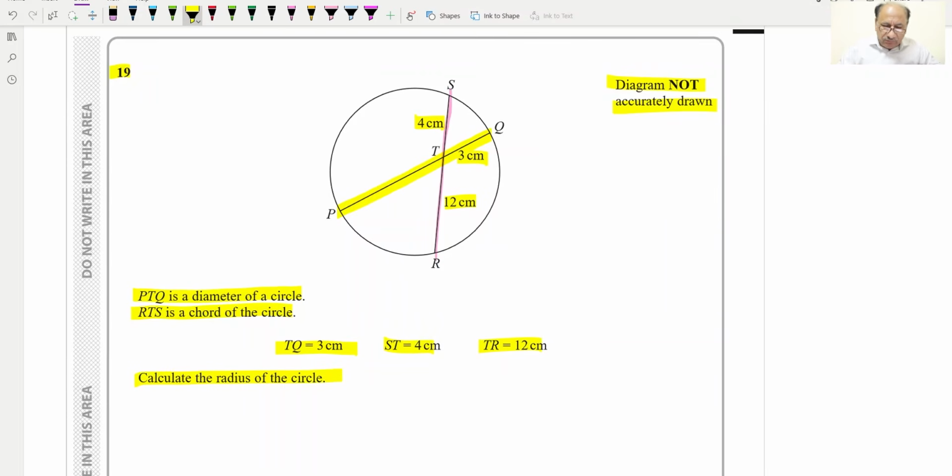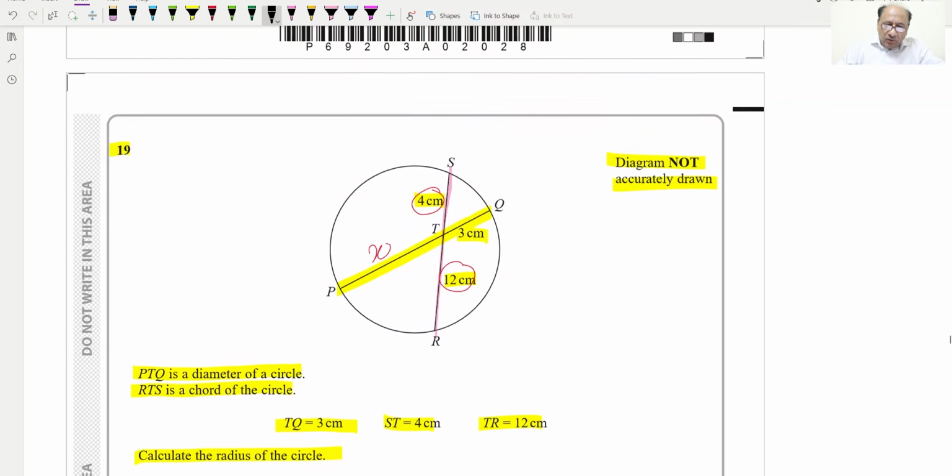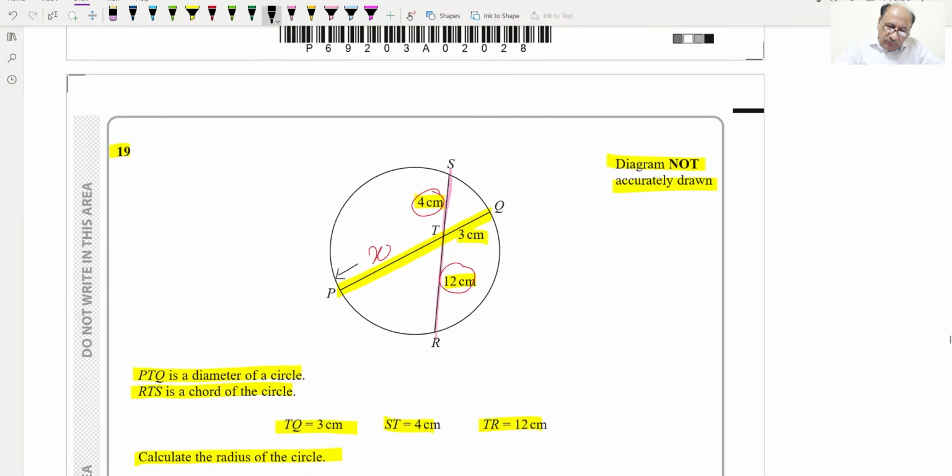Calculate the radius of the circle. We know the formula for the chord and diameter: 4 multiplied by this. If we take this one as x, then 4 into 12 will be equal to 3 into x. This will be the equation by the theorem, and we can simplify to find the x value. So 3x is equal to 48, so x is equal to 16. Now x is from this point to this point, which is PT basically.